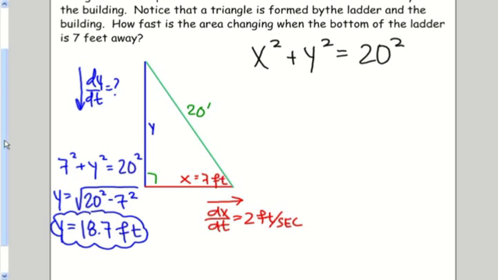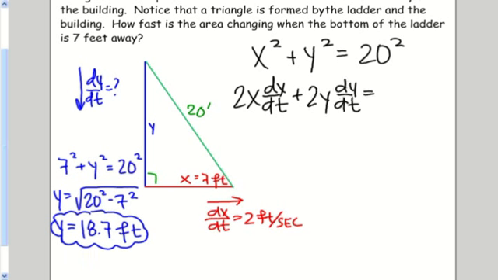So once again, as with all related rates problems, I'm going to find the derivative of this with respect to t. That means that the derivative of x squared is 2x, but because it's with respect to t, it gets a dx/dt, plus 2y dy/dt. The derivative of 20 squared is 0.